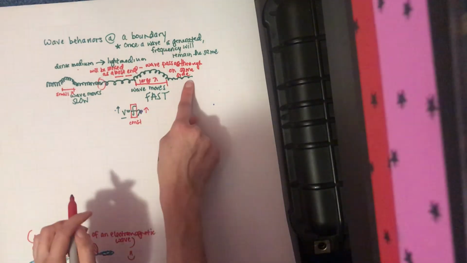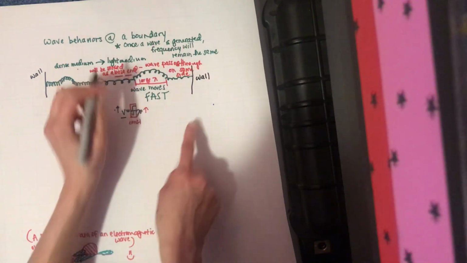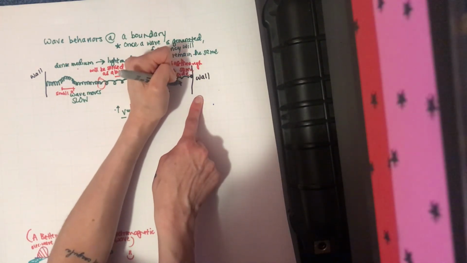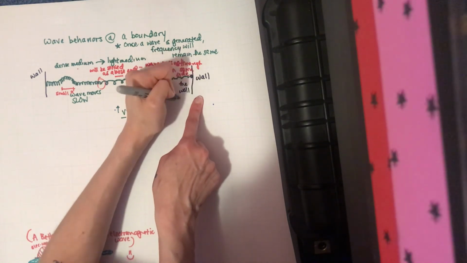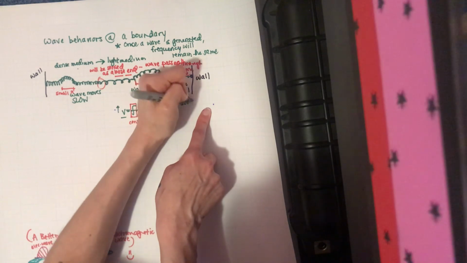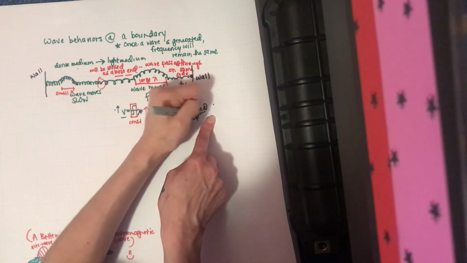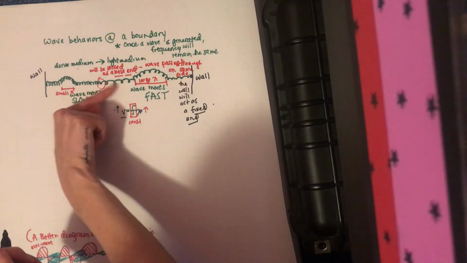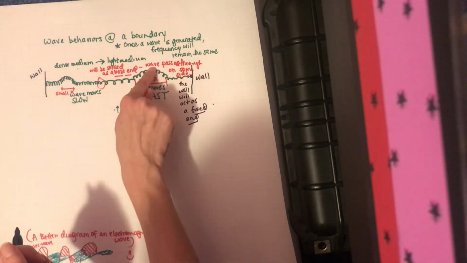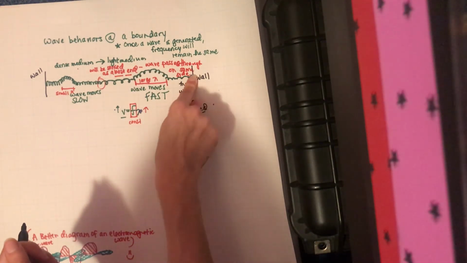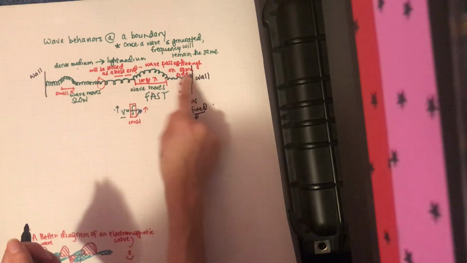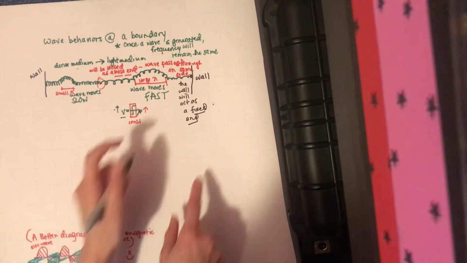However, if we have a wall on either side of this setup, so let's put a wall here and a wall here. That wall is a fixed end, which means that once the wave transmits into the lighter medium, if it reaches the wall, it's going to invert itself, because it's experiencing this as a fixed end.